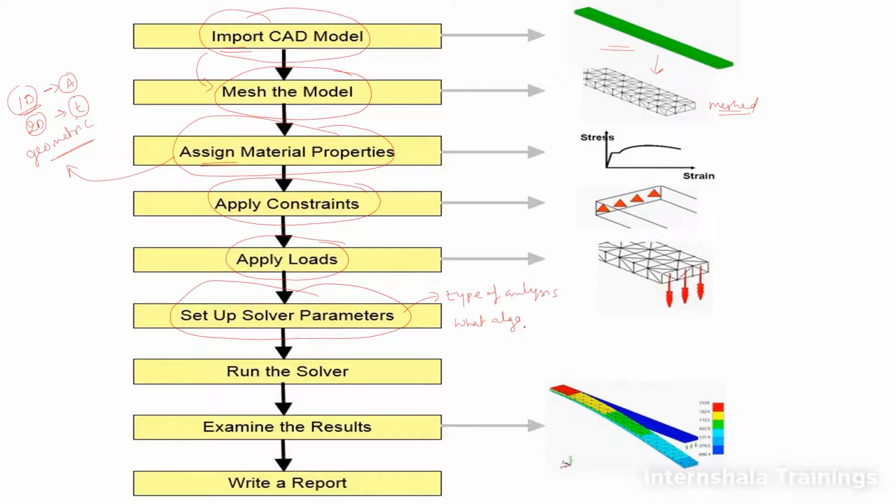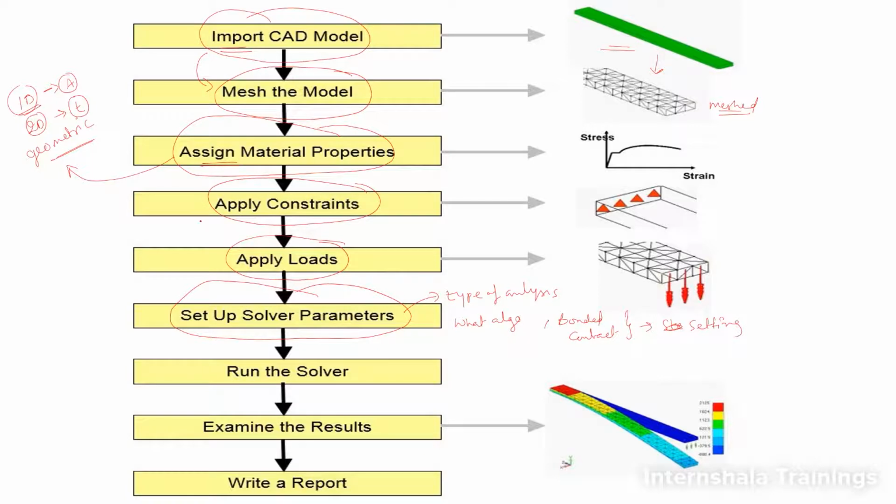Suppose, for example, we give what is known as a bonded contact. Based on that type of contact, I need to give some preferences or settings to solve that particular contact type. All this information we give in the step of setting up solver parameters.